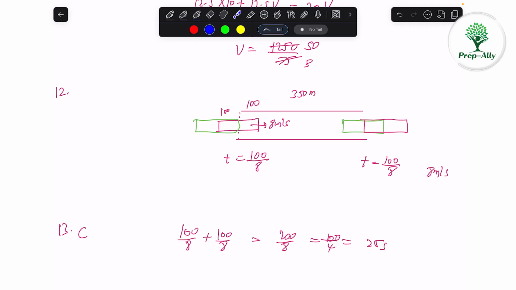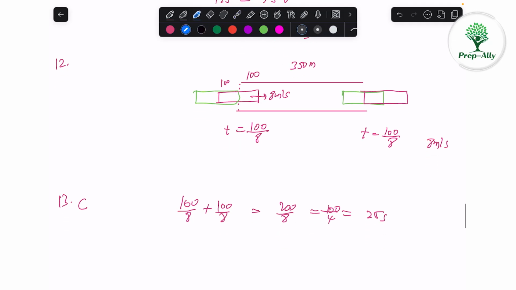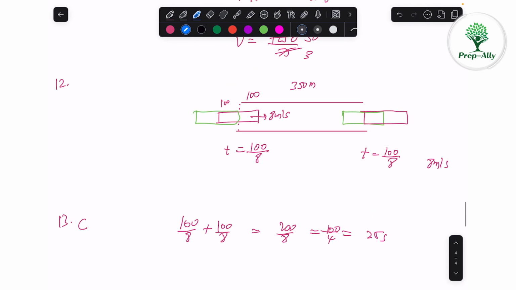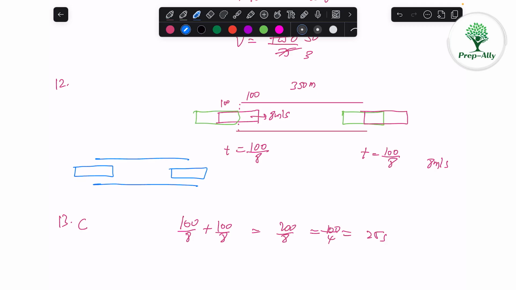Okay, I'll just draw another diagram. So this is more than half, and till this point it is more than half.